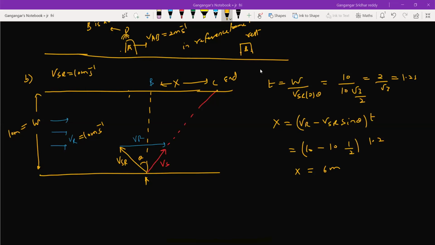Let's take the third situation. Just see once. I'll go for the third situation. In the third situation, VSR will be 20 meters per second.